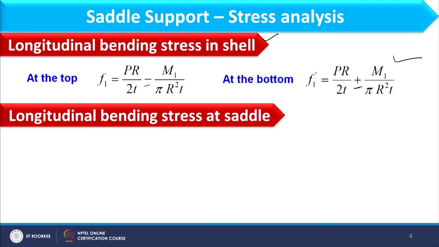Now, we have longitudinal bending stress at saddle. It means wherever I am having the support, again this saddle will include two points. First is at the top of it and second is at the bottom of it. At the top, I am considering the top of shell which is just above the saddle.